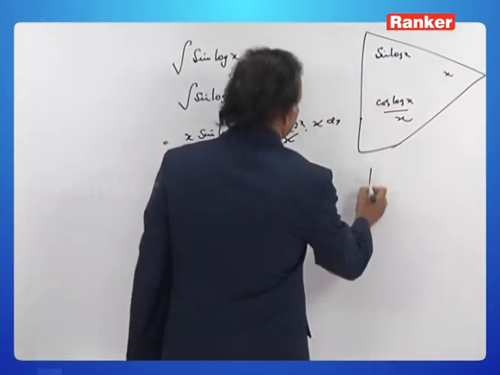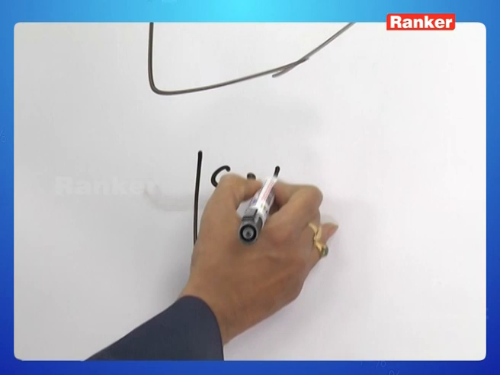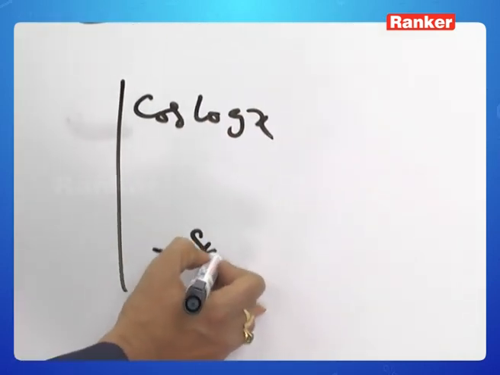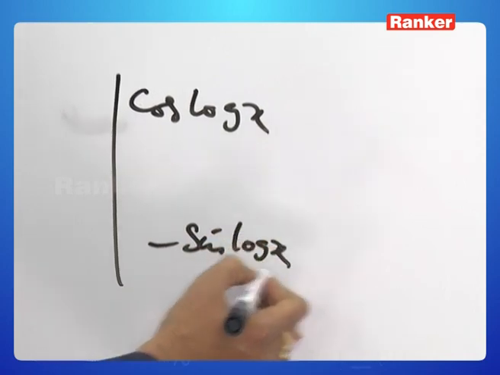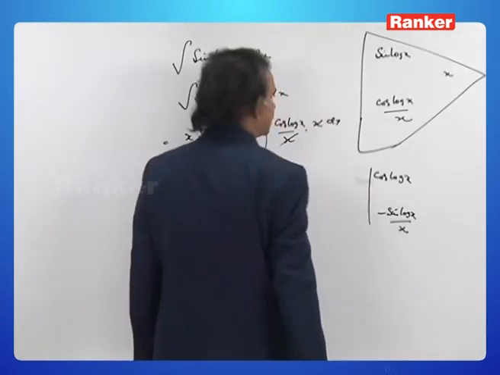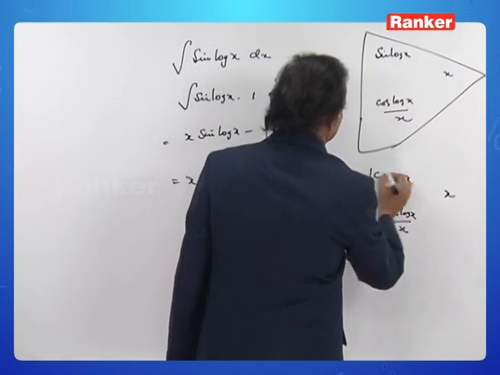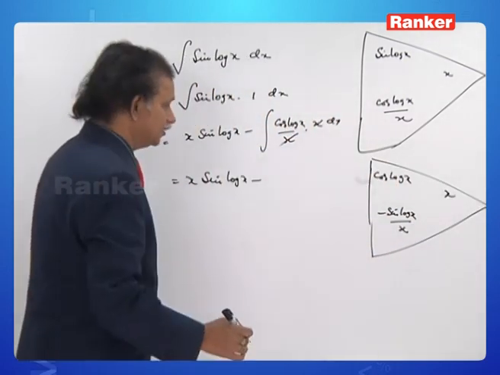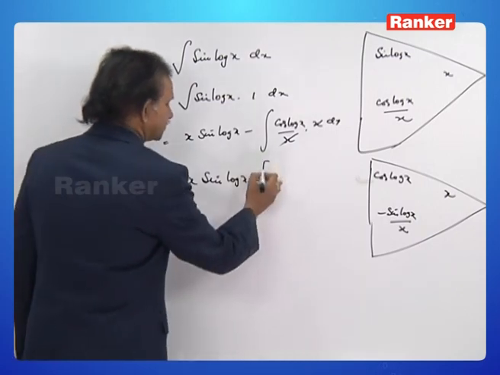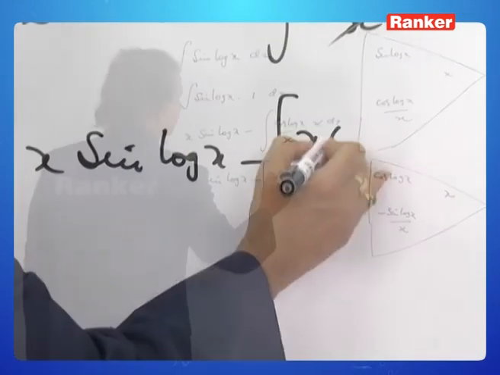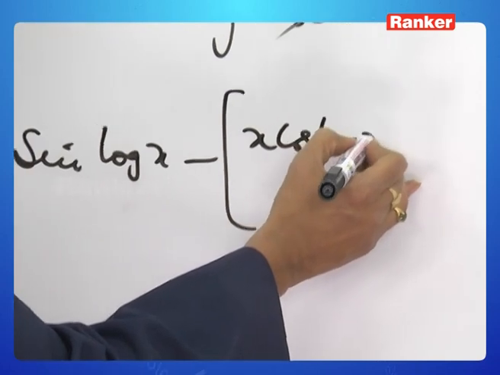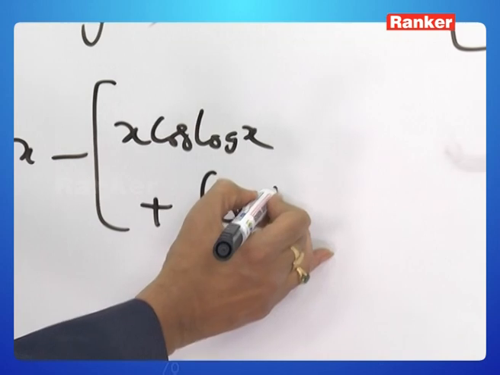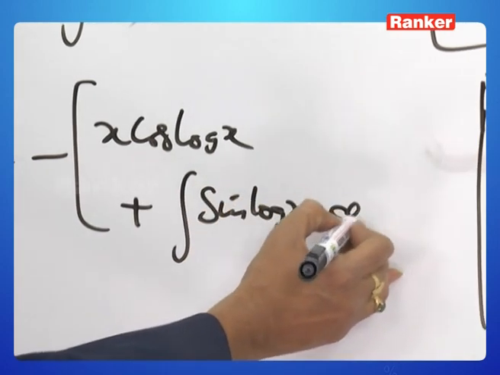Again, this formula: cos log x, minus sin log x by x, x. Is it? Minus of, come on, x cos log x plus sin log x.